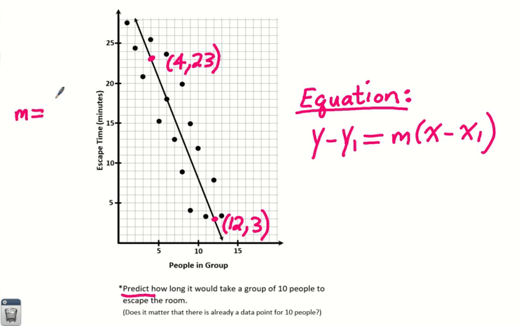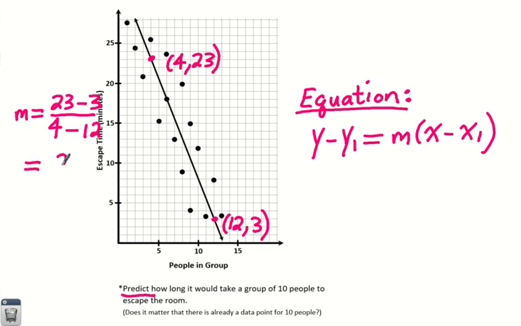So I'm going to do 23 minus 3, because that's y sub 2 minus y sub 1 I'm going with. And then that makes x sub 2, 4 minus 12.